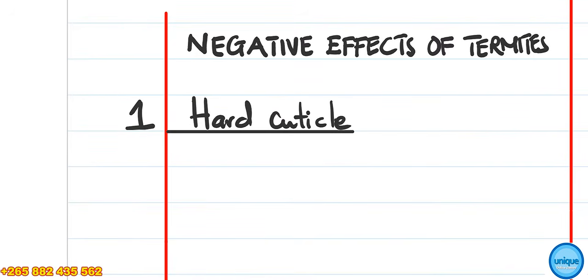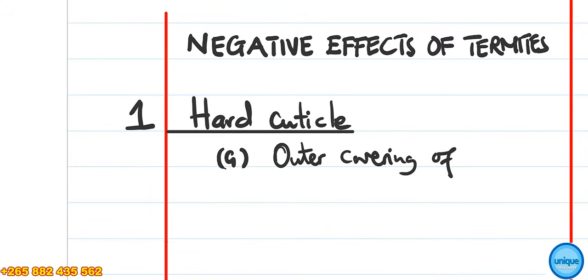Ndiye mene mujama amakamba zoti that one it's an outer covering of termites. Ndiye kuti mene ndi supporting point. So you can put that one as: outer covering of termites. Outer covering of termites. Zatheka.